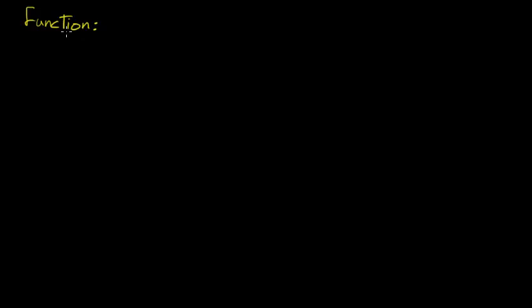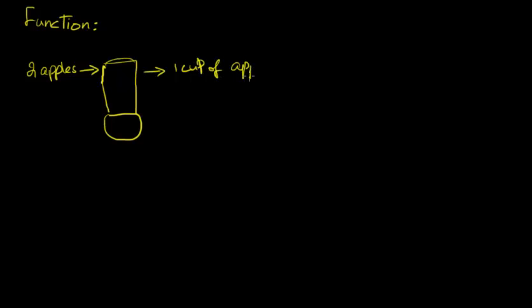Think of a function as a blender. Let's assume this is a blender. You put two apples in the blender, you get 1 cup of apple juice. Now, what if you put 4 apples in the blender?